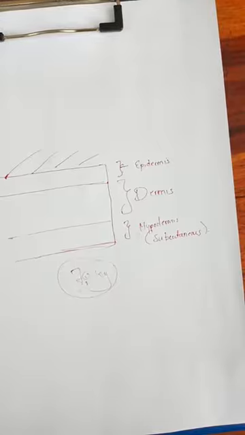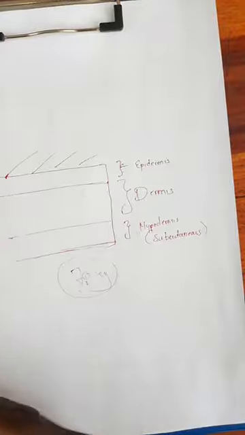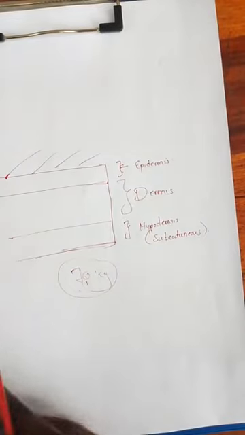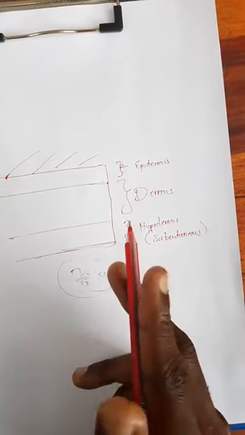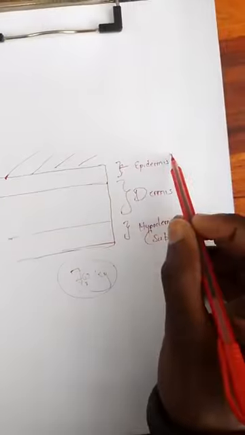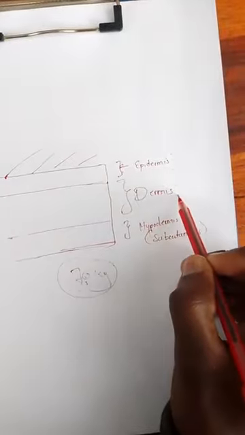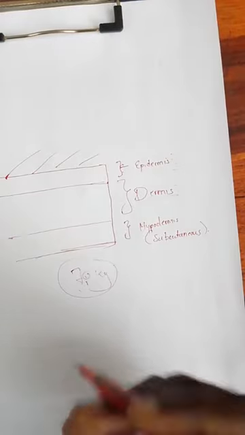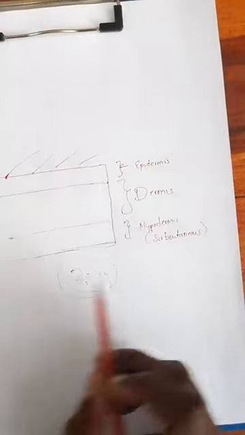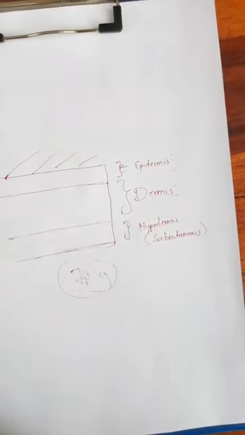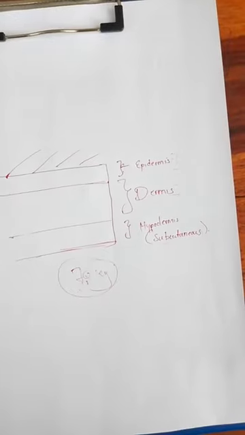And this same skin, as we have heard from the introduction, is composed of two main layers, the epidermis and the dermis, but it also has another extra layer which is referred to as the hypodermis. So it has three layers, but the two main layers are the epidermis and the dermis.